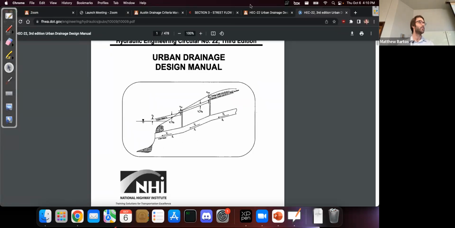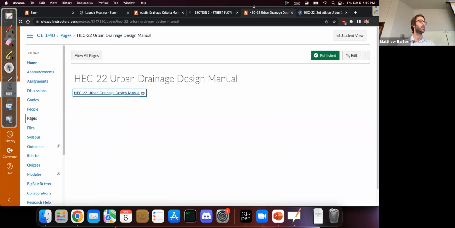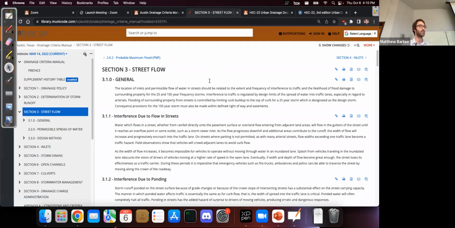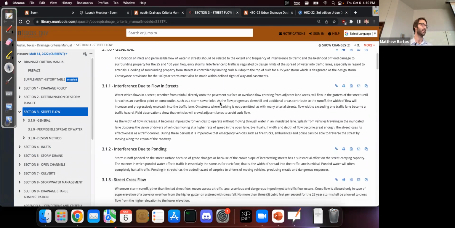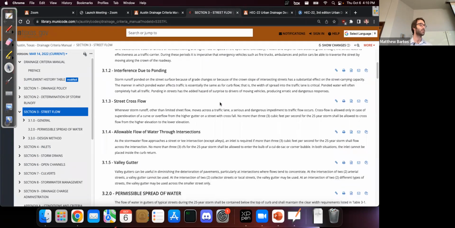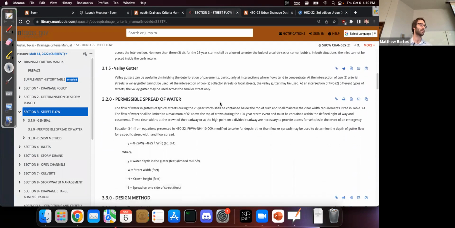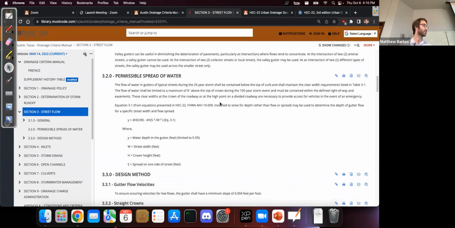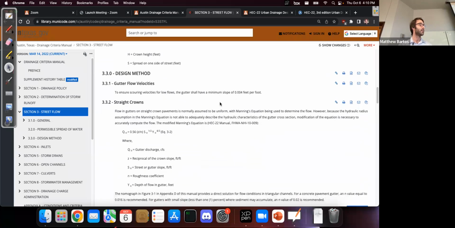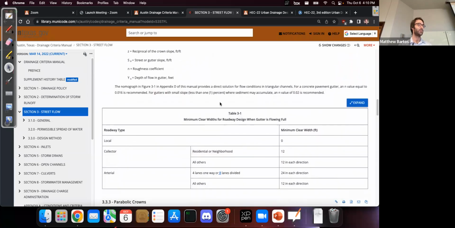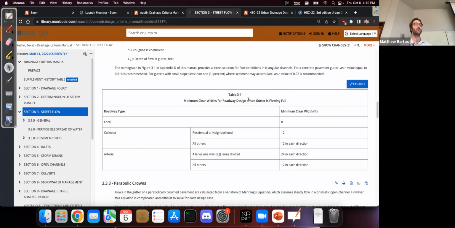Okay, so here is the section of the Austin DCM on street flow, so street and highway drainage. If you want to find the specified clear width, it's underneath section 3 here. If you go down to minimum clear widths for roadway design when gutter is flowing full, you'll see that for a residential collector, the minimum clear width is 12 feet.